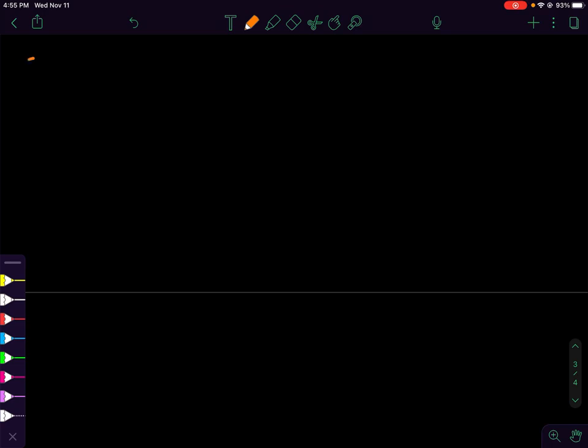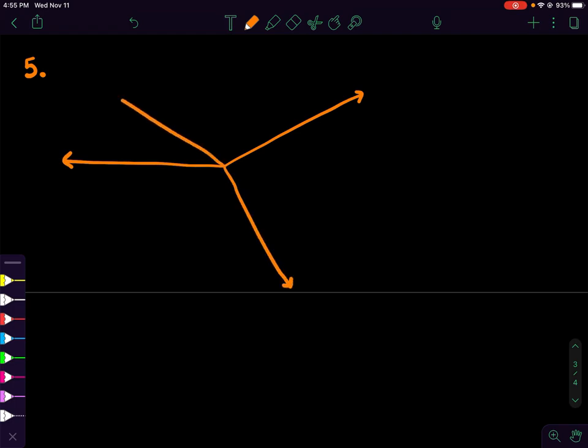We're moving on to number 5. Find the unknown angle measures. Okay, this one, we have a point. Line here, one line on this side, one line is going down, one line is this way.